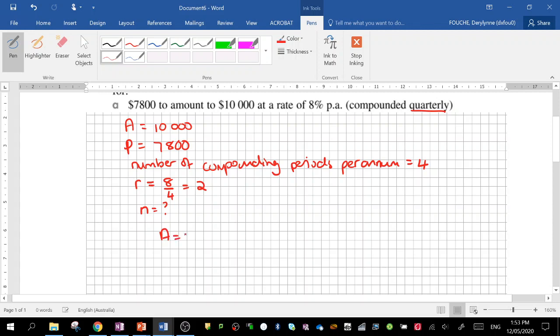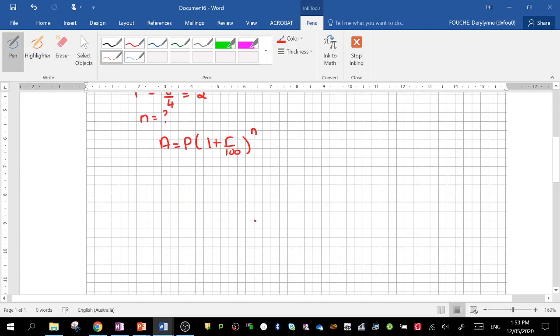So A equals P times (1 plus R over 100) to the power of n, and 10,000 is equal to 7,800 times (1 plus 2 over 100) to the power of n.